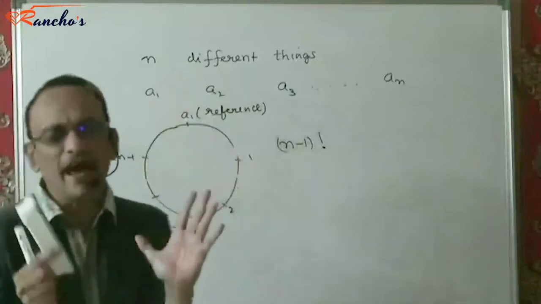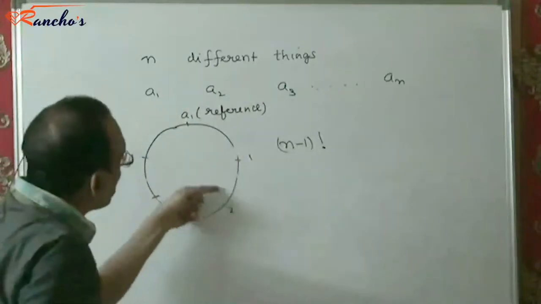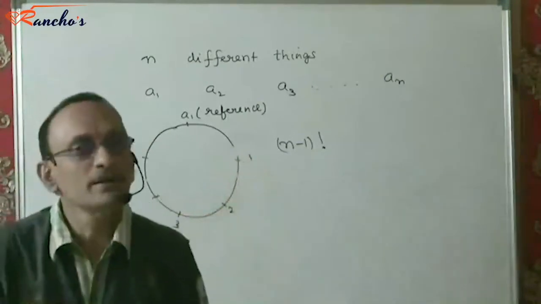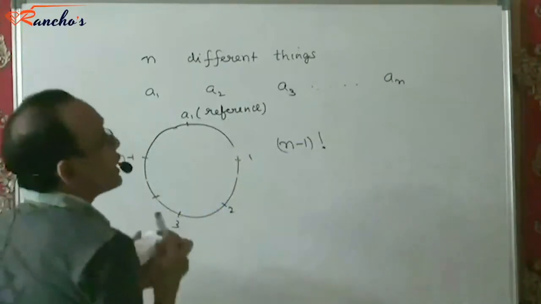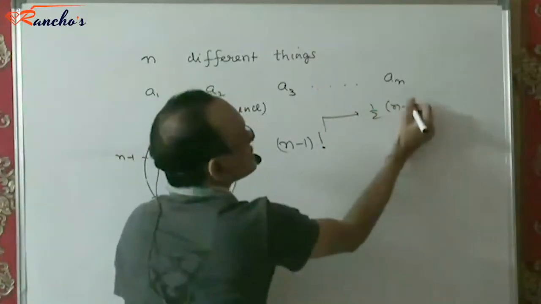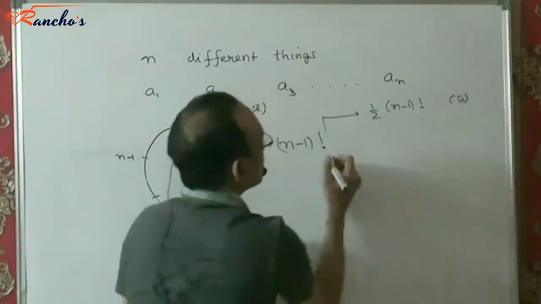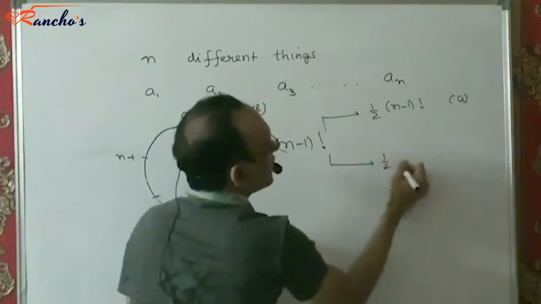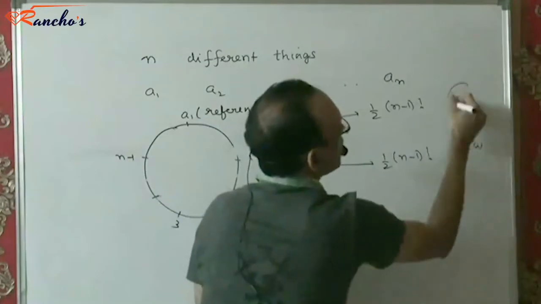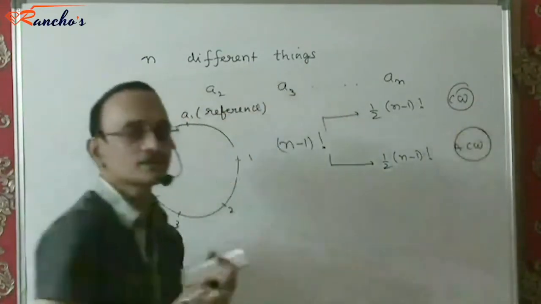Fix one thing so that I have a reference point, and the remaining n minus 1 things in these n minus 1 spaces can be filled up in n minus 1 factorial ways. And exactly half of these would be clockwise and half would be anti-clockwise.